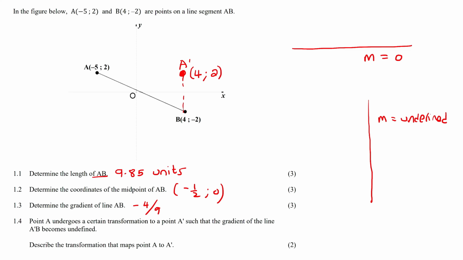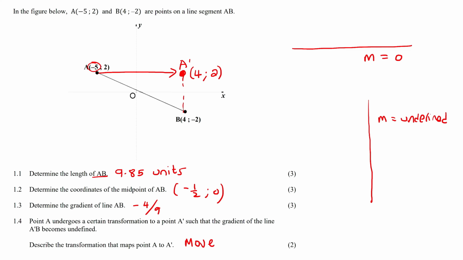So they said, describe the transformation. Well, what we're going to do is move it horizontally to the right. Now, how many units are we going to move it? Notice that this value doesn't change, so we're not going to look at that. But you see how we're going from -5 to +4. How far is that?